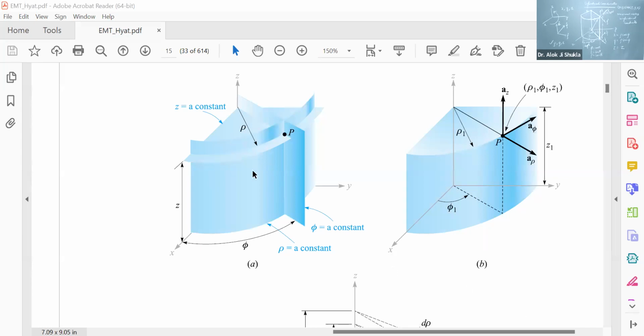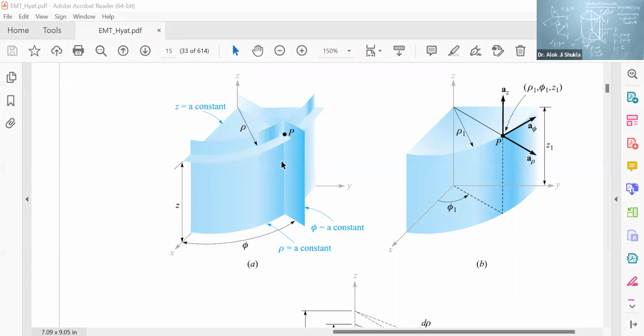Can you see now properly the three planes cutting? You can take the screenshots if you want. So you can see that the three planes are phi is equal to constant, rho is equal to constant, and z is equal to constant. The top one is z is equal to constant.